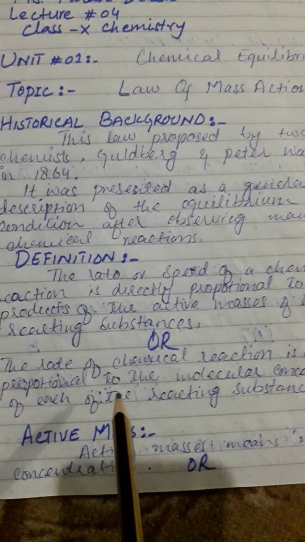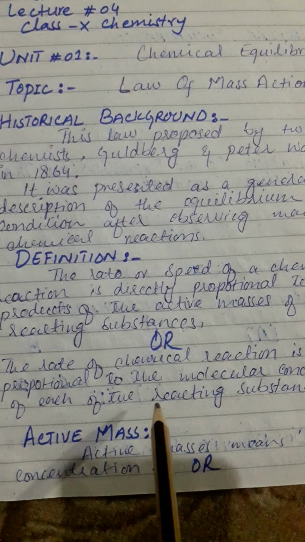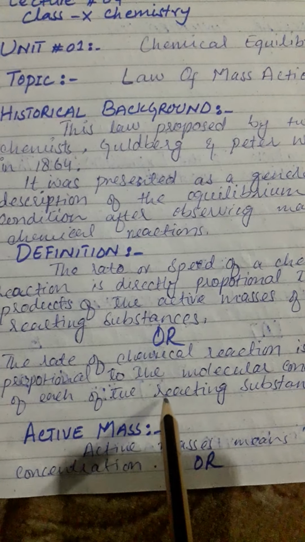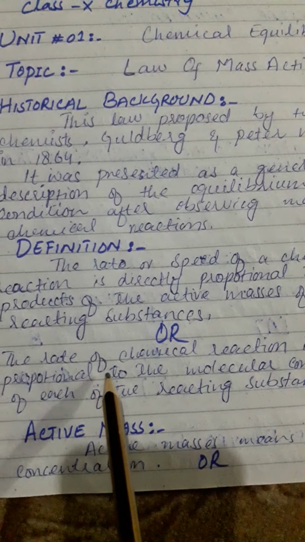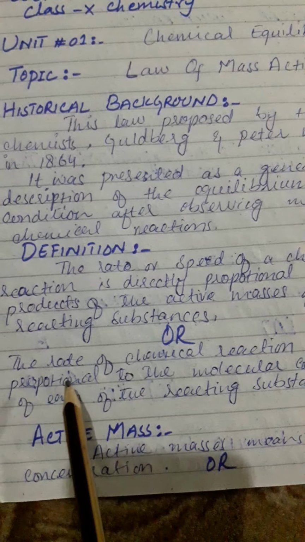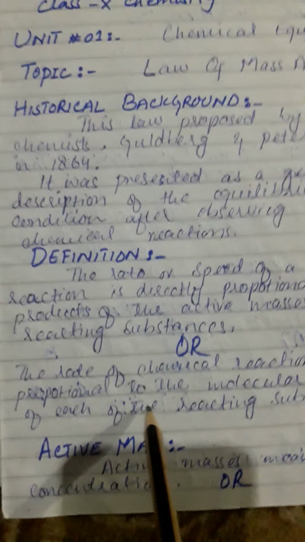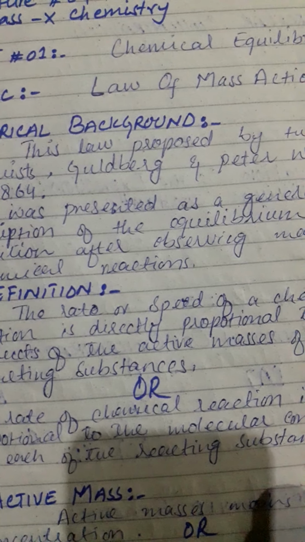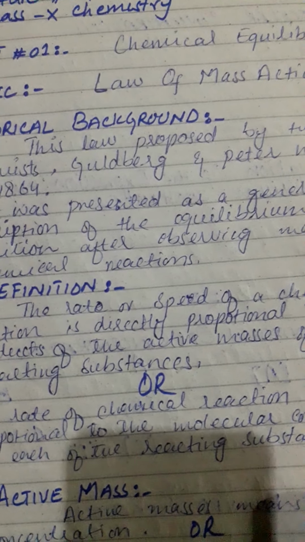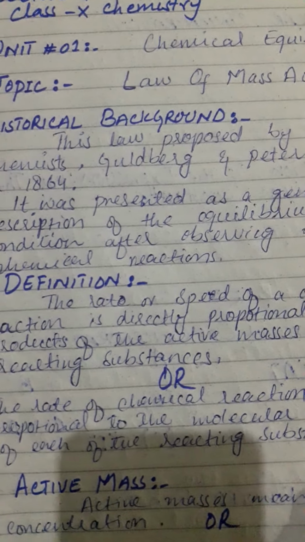If the molecular concentration of the reactants is higher, then automatically the rate of chemical reaction will be faster. And if the molecular concentration of the reactants is lower, then the rate of chemical reaction will be slower.